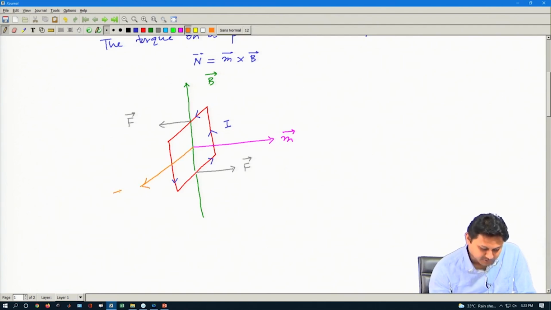This is the direction of the torque vector N, which is M cross B. This is M, this is B, and M cross B is perpendicular. So this is the way a loop which behaves like a magnetic dipole will experience a torque under some external magnetic field.